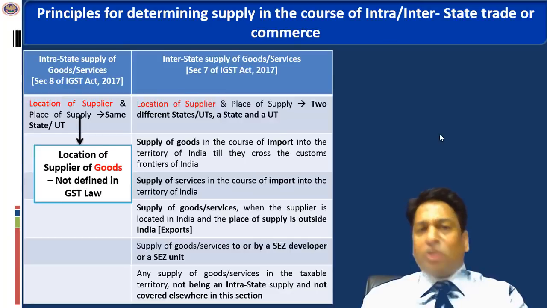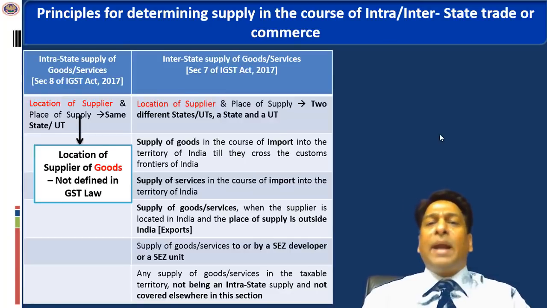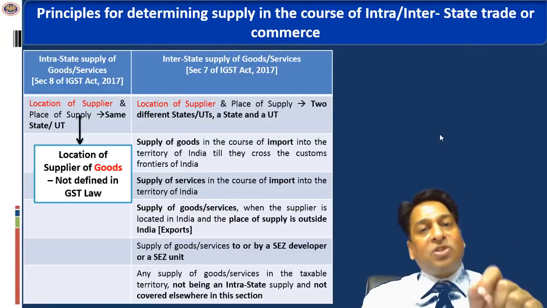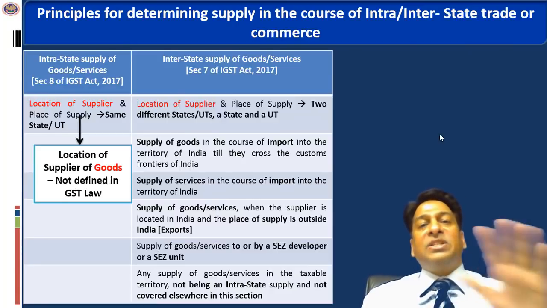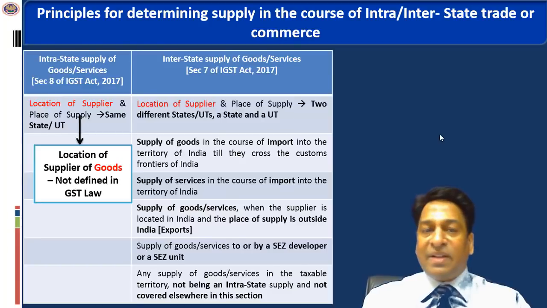Let's look at all transactions one by one. For broad clarity, what all transactions are going to be called interstate supply in terms of Section 7 of the IGST Act 2017.